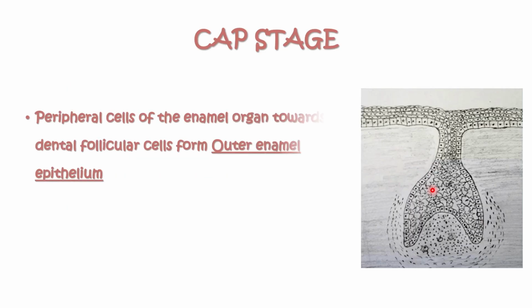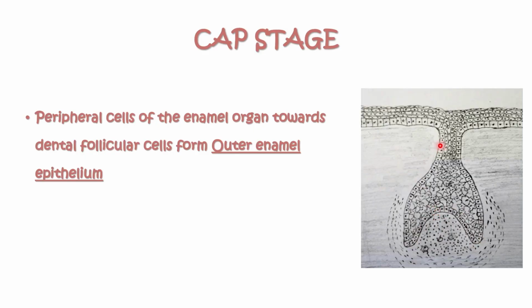Now, there are two other important types of cell present. The cells lining the outer surface of the enamel organ towards the dental follicle are known as outer enamel epithelium. The cells lining the inner surface of the enamel organ towards the dental papilla cells are known as inner enamel epithelium.